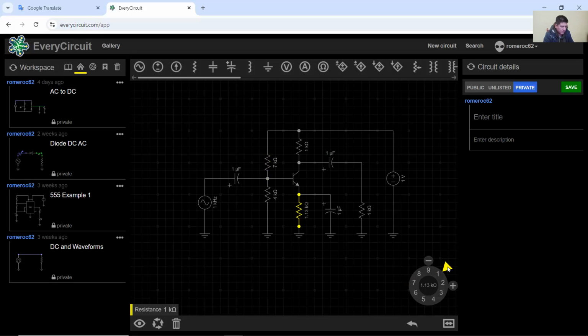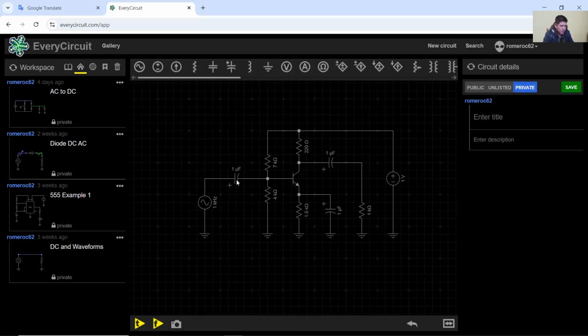This another 1.5 kilo ohms. Up here only 220 ohms, not kilo ohms, only ohms, 220 ohms. This resistor, 1 kilo ohm, okay, do not modify this.